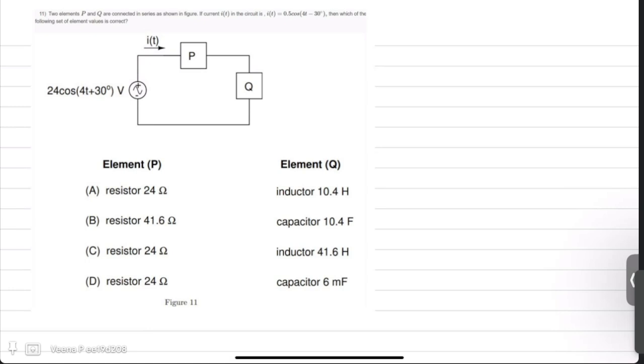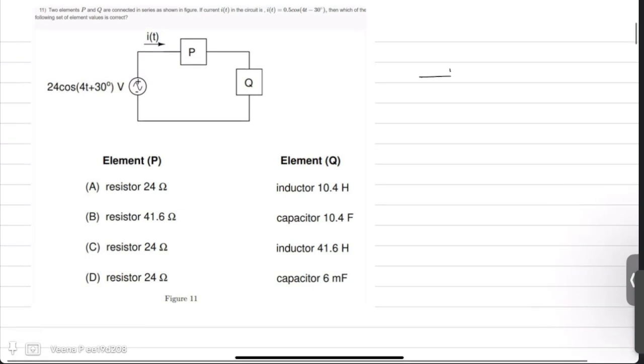So we have a circuit containing two elements P and Q. Now the options for P are all resistors. So we can conclude that P is anyway a resistor and Q could be an inductor or a capacitor.